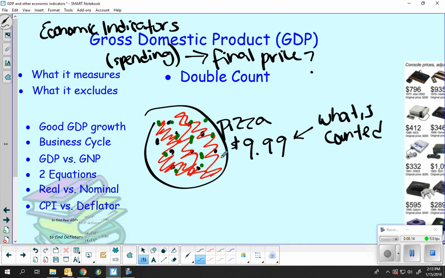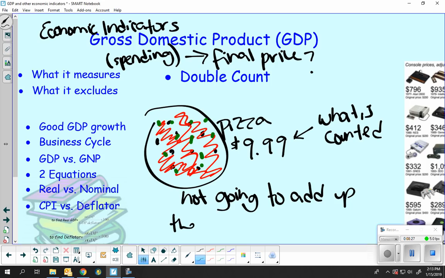What they are not going to count is the ingredients for the pizza. They're not going to add up the cost of the resources. They're not going to be adding up the cost of the peppers or the sauce or the mushrooms or the cheese or whatever, because the price of all of that is already included in the price of the pizza.